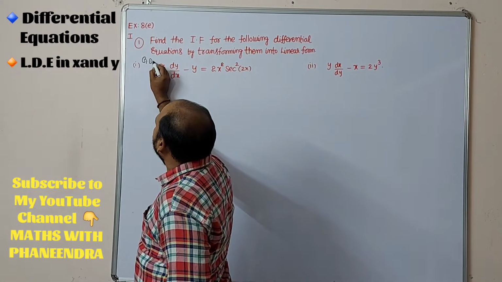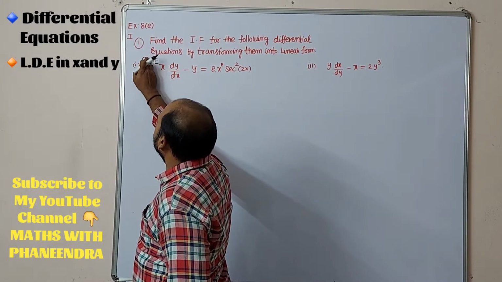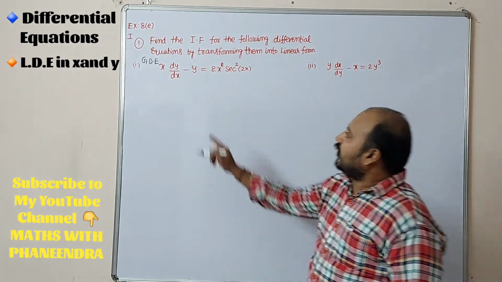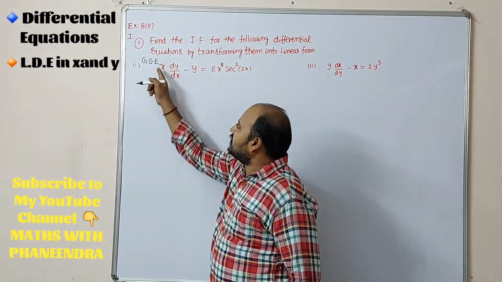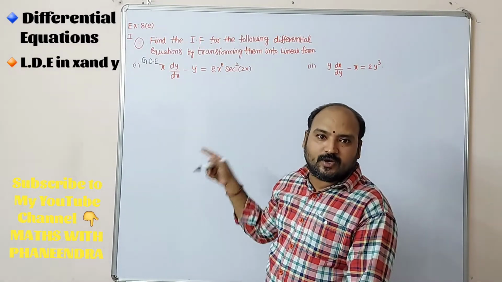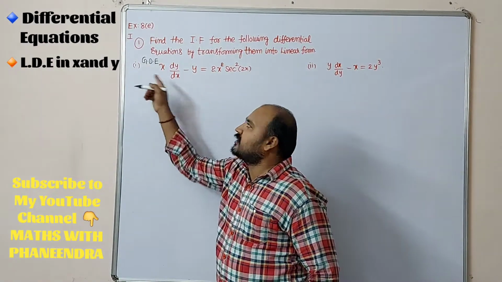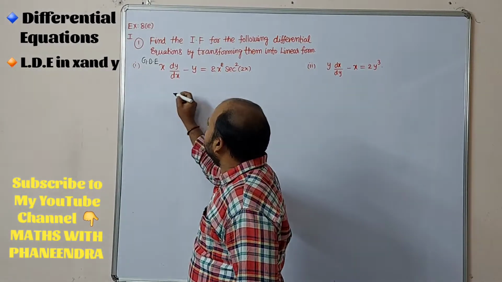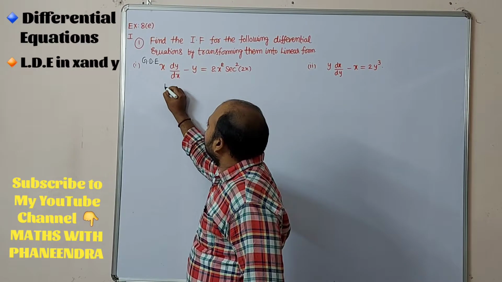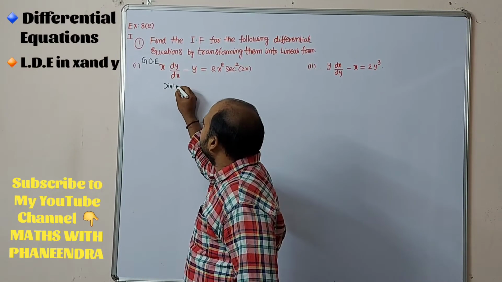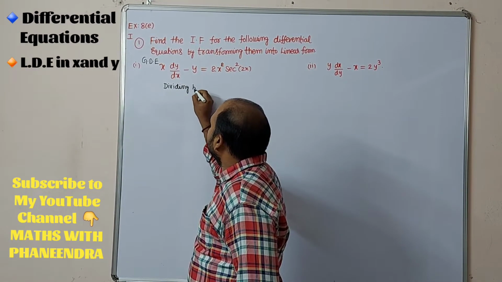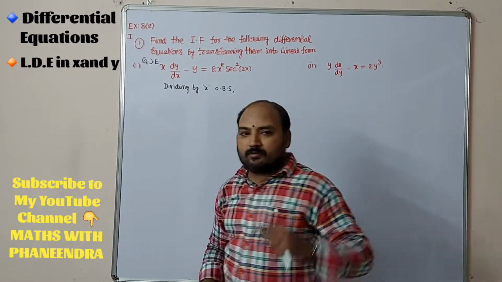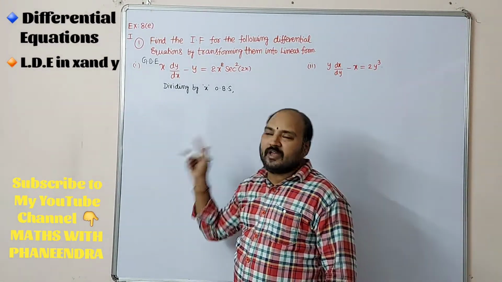If you want proper steps, you can write it like this: given differential equation, dividing by x. Suppose in place of x there is x square, then divide by x square. If some other function like 1 plus x square is there, then divide by 1 plus x square. So dividing by x on both sides. Some students may doubt, sir, why divide by x?